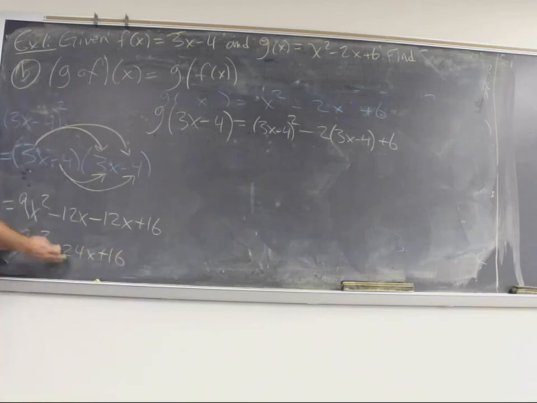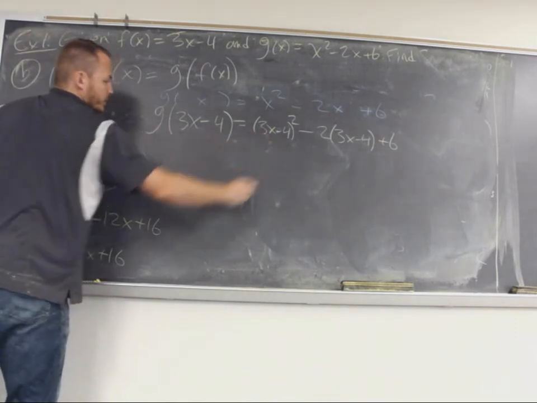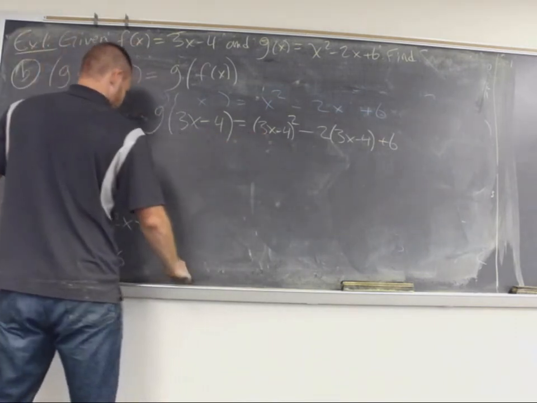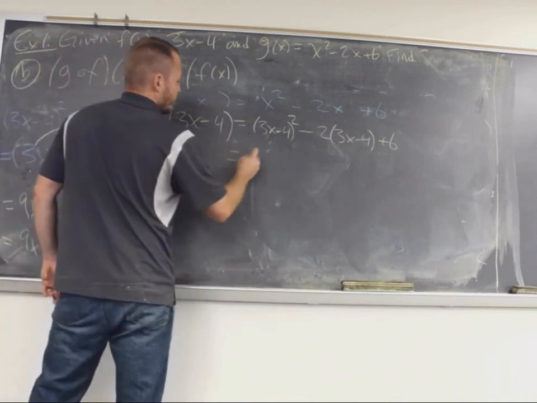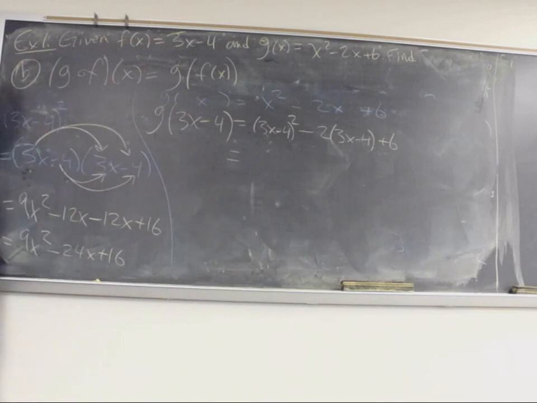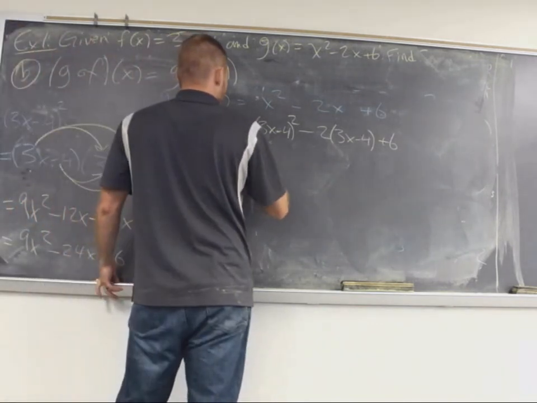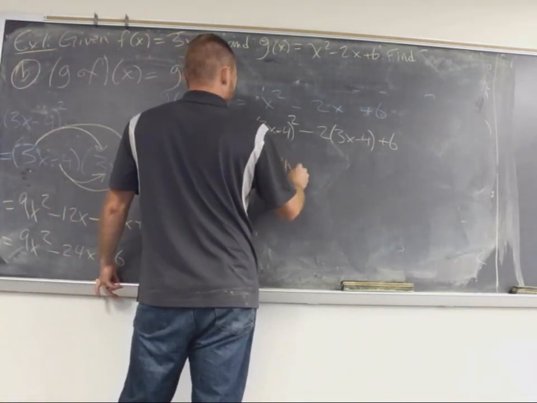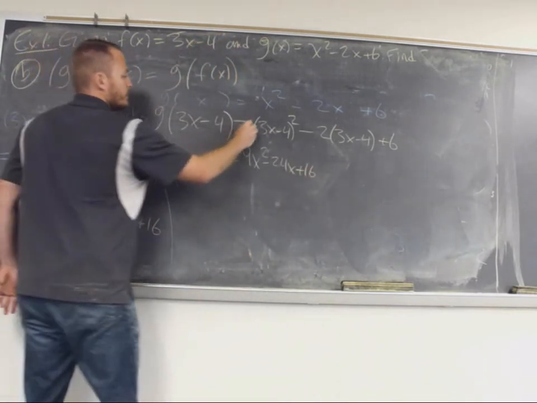So this is what gets replaced with this thing here, just this small portion. So this 3x minus 4 squared, we started here, we worked down to get to this. So that's what we replace over here. 9x squared minus 24x plus 16.